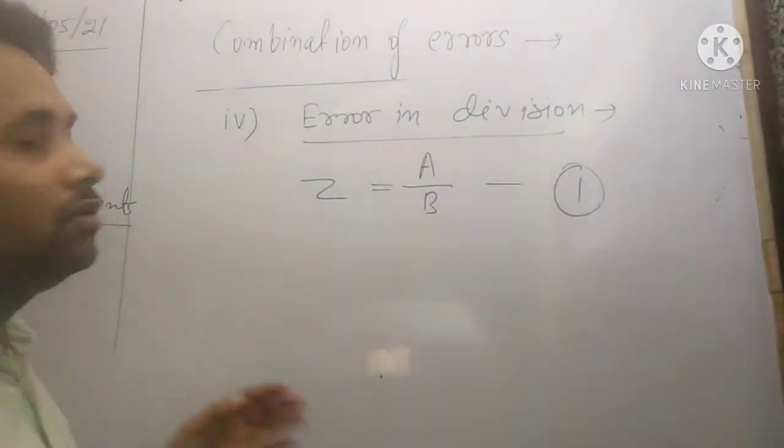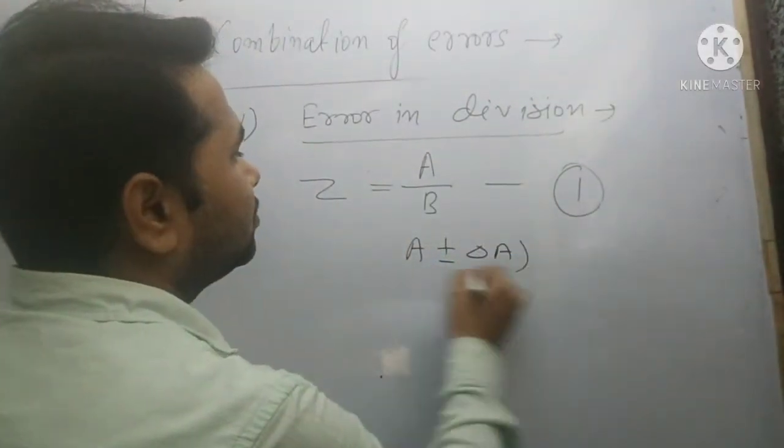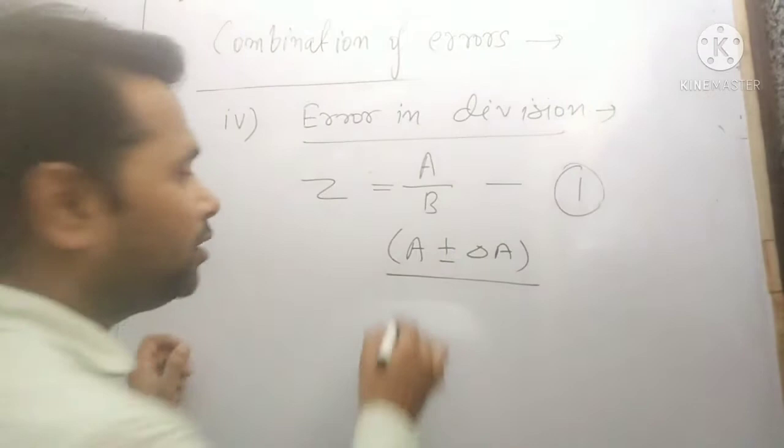Okay, now by measurement you will get A plus minus delta A, और B की जगह पे क्या मिल जाएगा मेजरमेंट में?